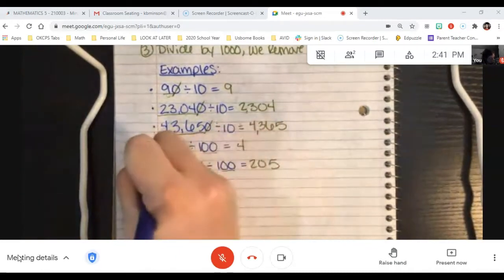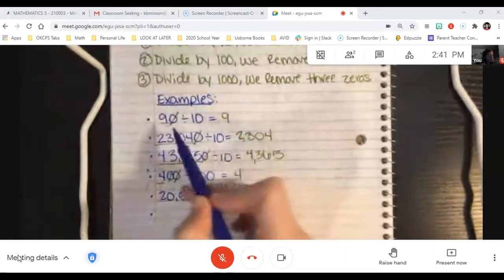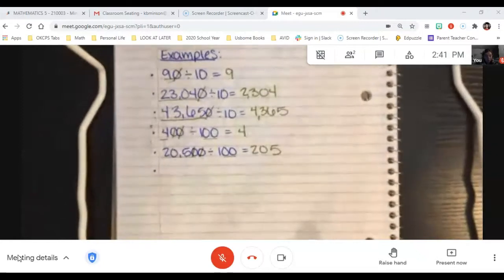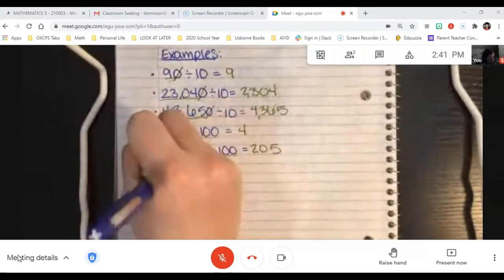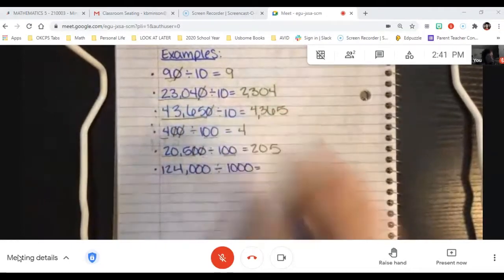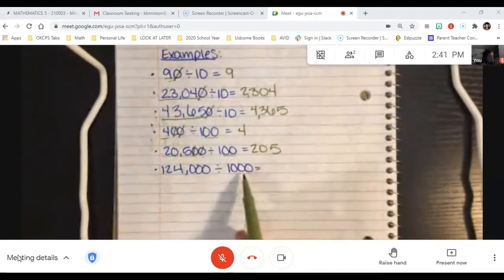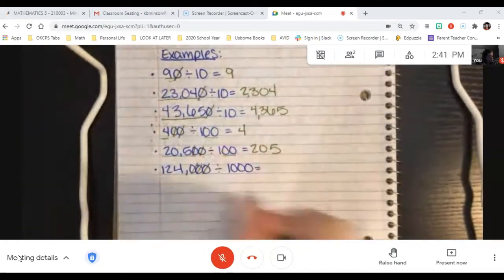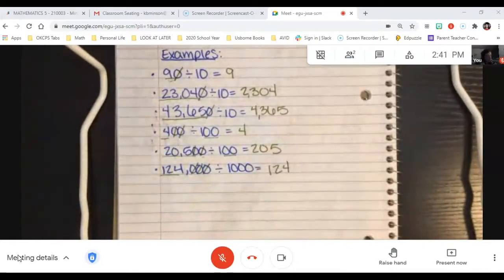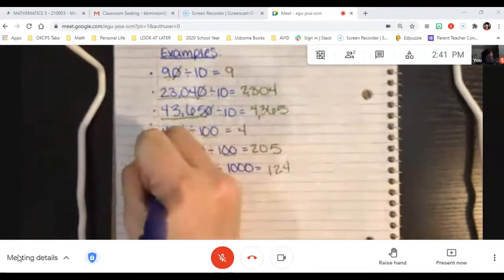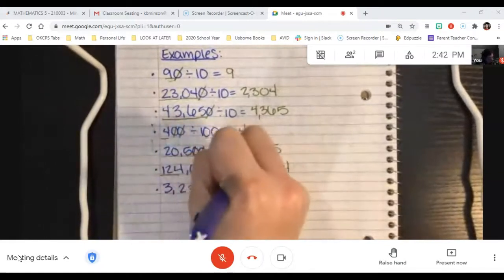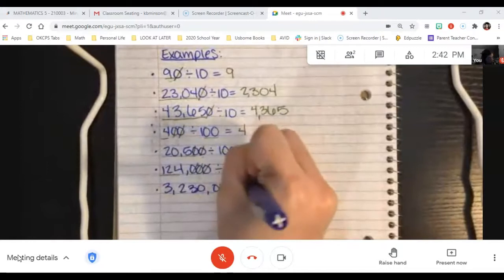All right, now let's do a couple with 1,000. If we look at our rule for 1,000, it says divide by 1,000, we remove 3 zeros. So 124,000 divided by 1,000. I can remove 3 zeros, so 1, 2, 3, and I'm left with 124. Then I have 3,230,000 divided by 1,000.